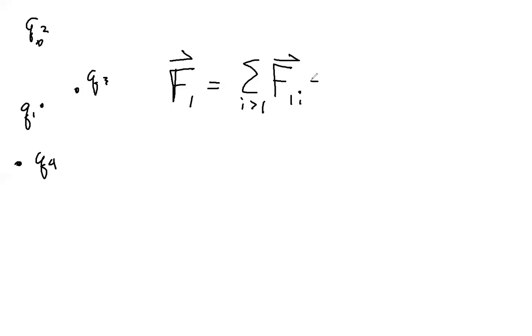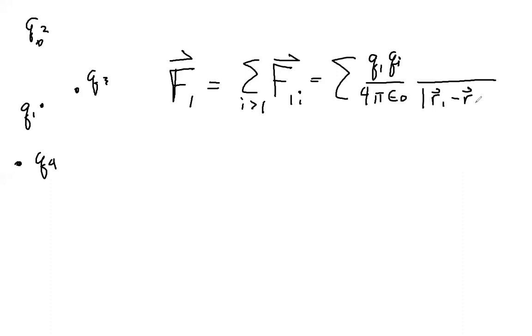So all this is going to be the sum of Q1 Qi over 4 pi epsilon naught, over R1 minus Ri, where these are the positions of each of these individual charges, just the vector sum.